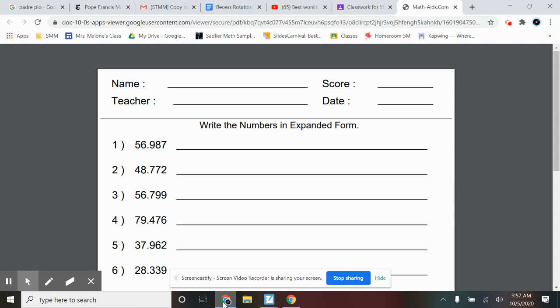You should know how to do numbers in whole number land in expanded form already, because we did that in 3rd grade and 4th grade and then chapter 1 of 5th grade. How would I do 56 in expanded form, Cassidy? You would do 50 plus 6. Because the 5 is in the tens place and its value is 50. The 6 is in the ones place, its value is 6.